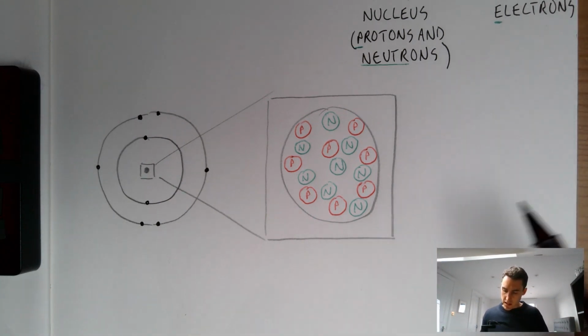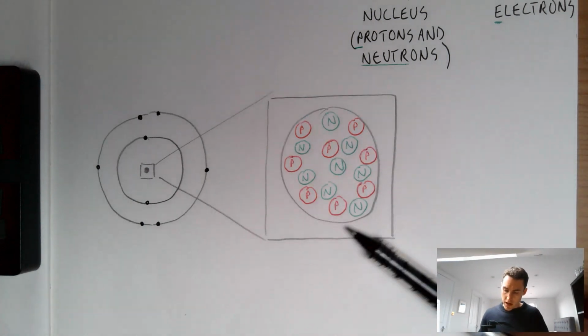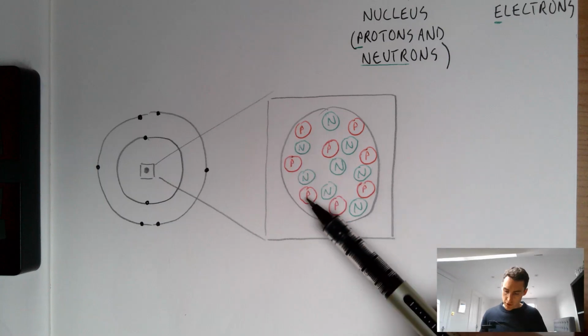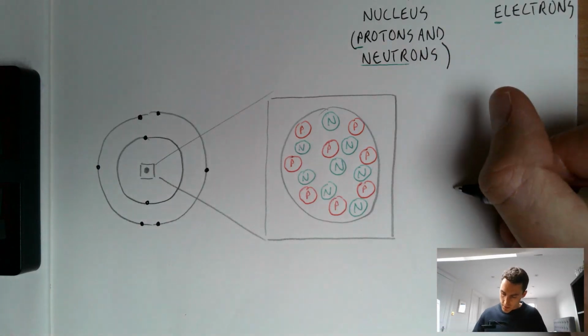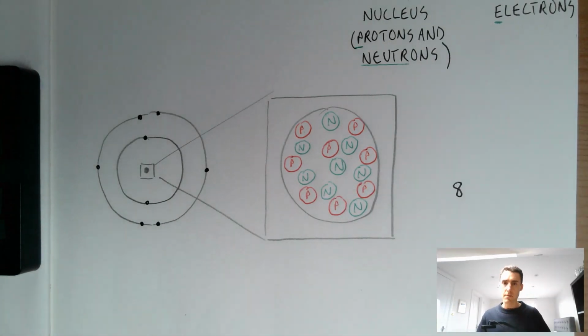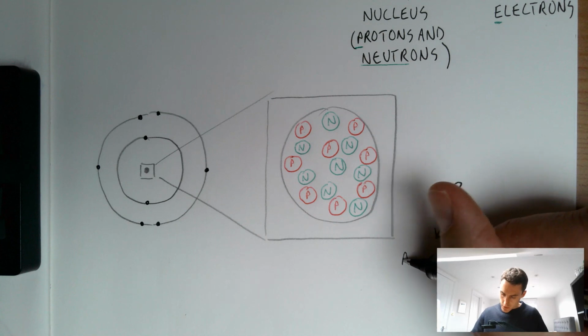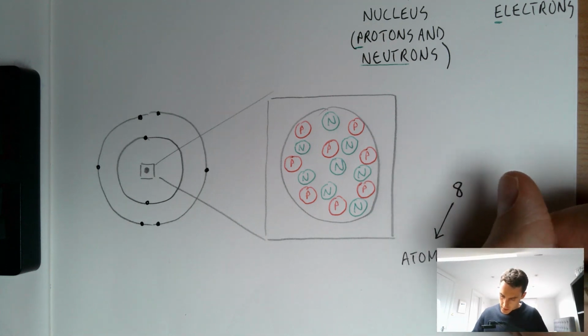So in this case, I'm going to say, well, the way I would describe an atom of oxygen here is that because it's got 8 protons, I say it's got an atomic number of 8. And then that is, well, yeah, firstly, let's talk about that. That is what's called the atomic number.